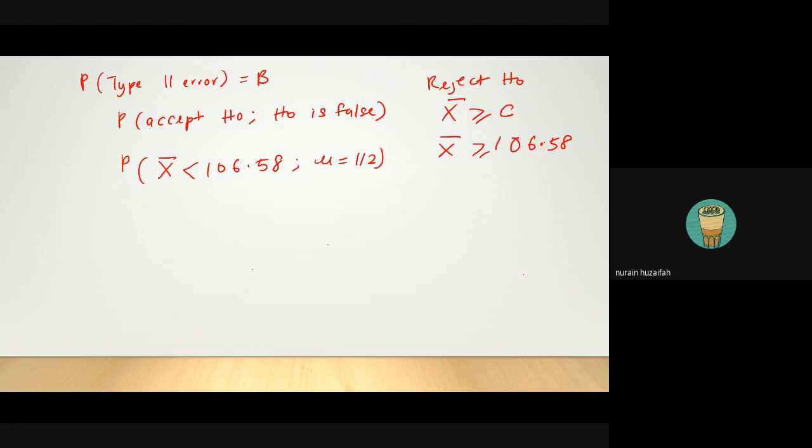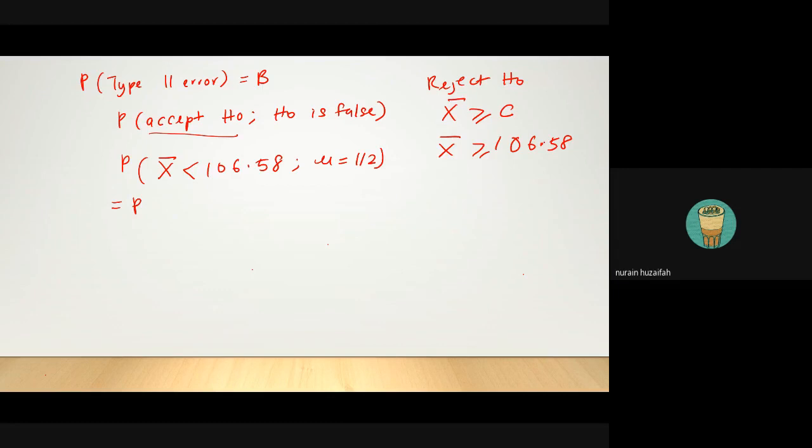Okay. Can you understand this? Accept H0 means X bar less than 106.58, because your rejection region is X bar greater than or equal to 106.58. So if you want to accept your H0, X bar less than, but it follows this greater than or equal.